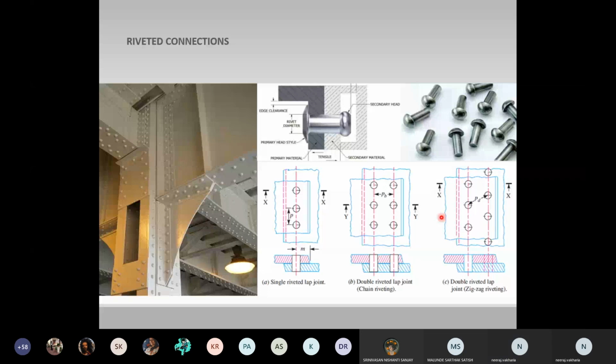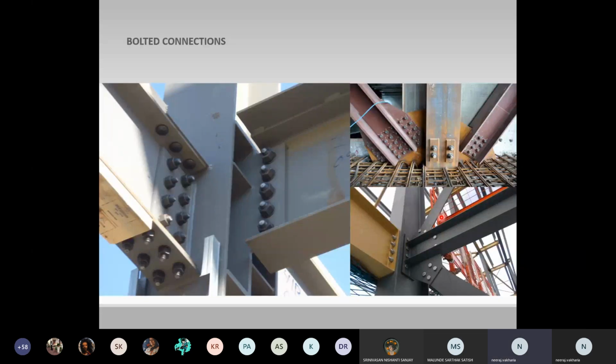And the next connection is the bolted connection. Most commonly used connections include this, like maximum construction happens with these bolted connections.